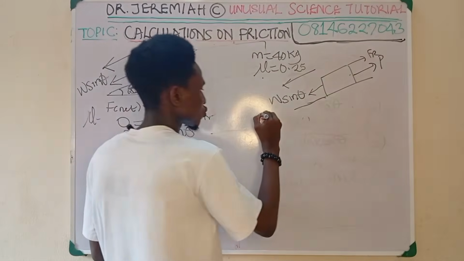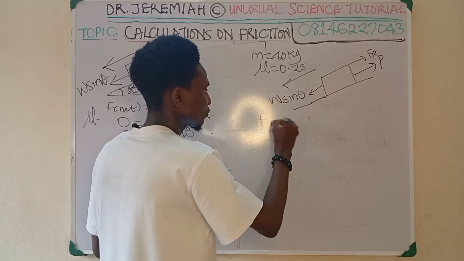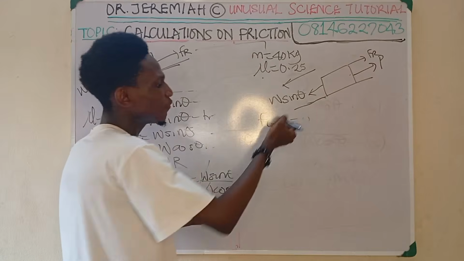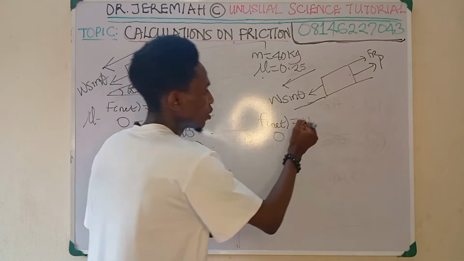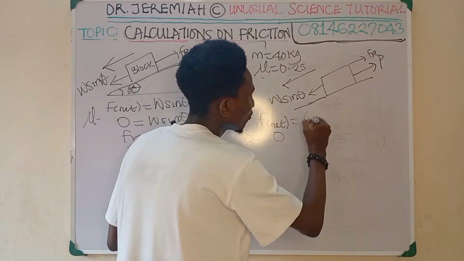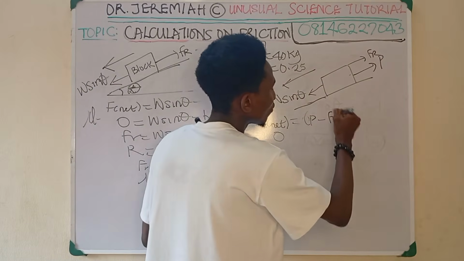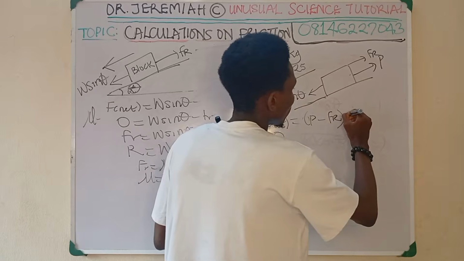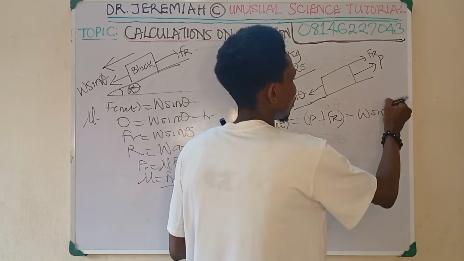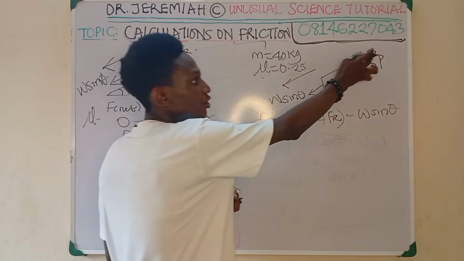Remember that net force F net equals 0, because the body is stationary. But let's figure it out. Since the body is moving upward, we're going to get P plus FR minus W sin theta. You know why the frictional force is upward, right?